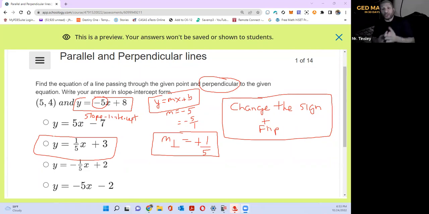What you have to know is parallel lines have the same slope. Perpendicular lines have the negative inverse. Since they're asking for the perpendicular, we change the sign and flip. So we change negative to positive and flip 5/1 to 1/5. So we know that the equation of a perpendicular line must start with y equals 1/5 x.